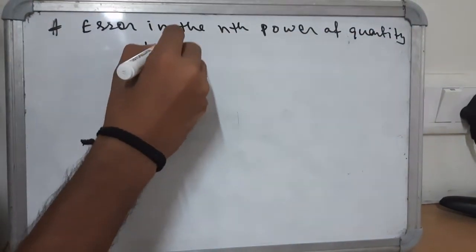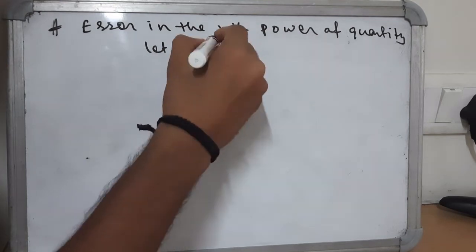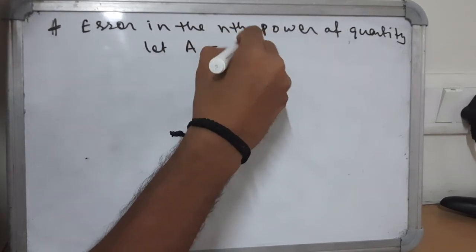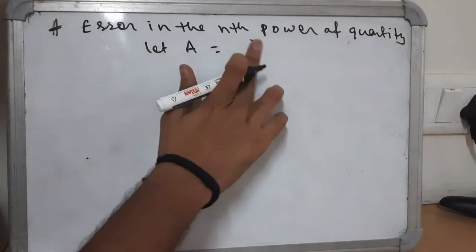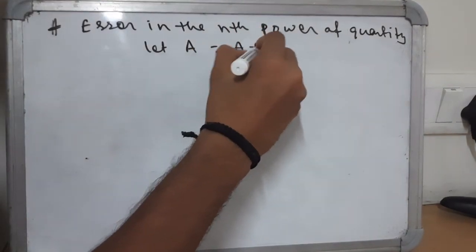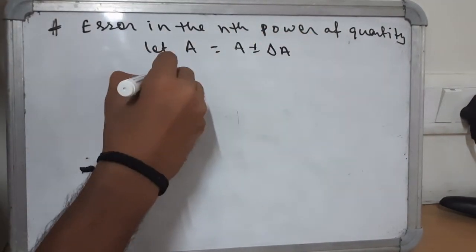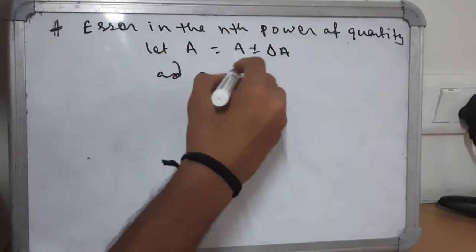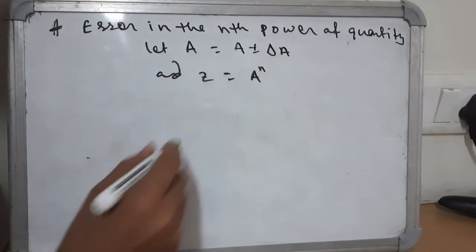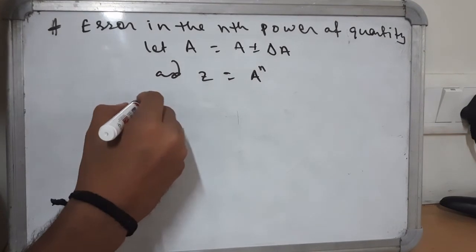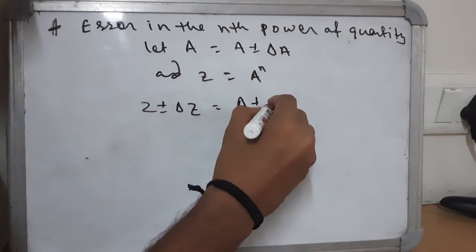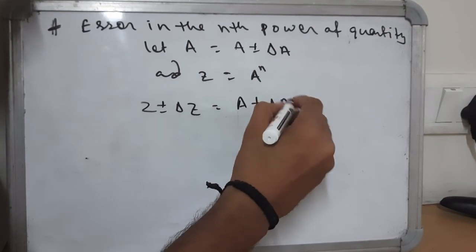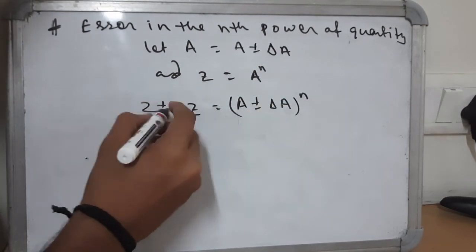Suppose we have a quantity A which can be written as A plus minus delta A, and we have a quantity Z which is A to the power n. So this Z can be written as Z plus minus delta Z equals A plus minus delta A to the power n.